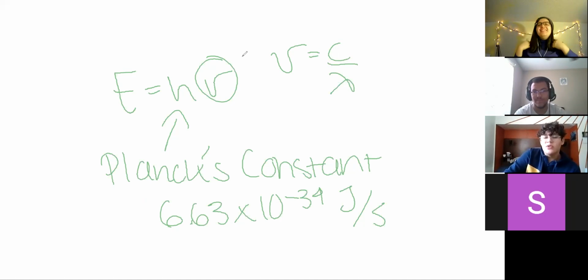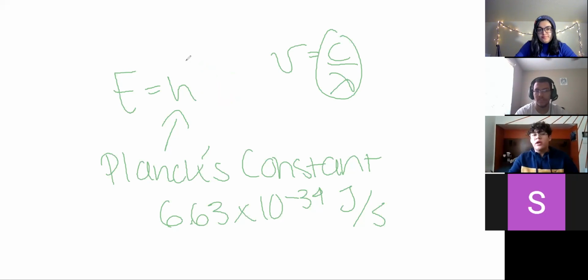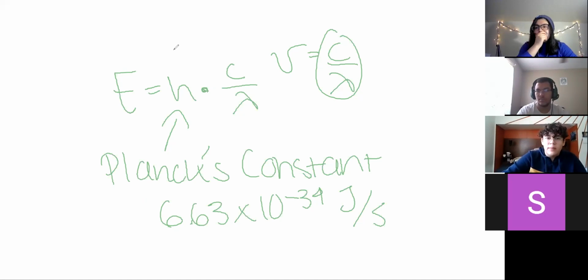So you see how she told you this frequency was going to turn into a fraction. Those are the scenarios where frequency is going to turn into a fraction, when they're telling you to calculate the energy out of a wavelength. So this equation is going to turn into the speed of light over lambda times Planck's constant equals energy, right?